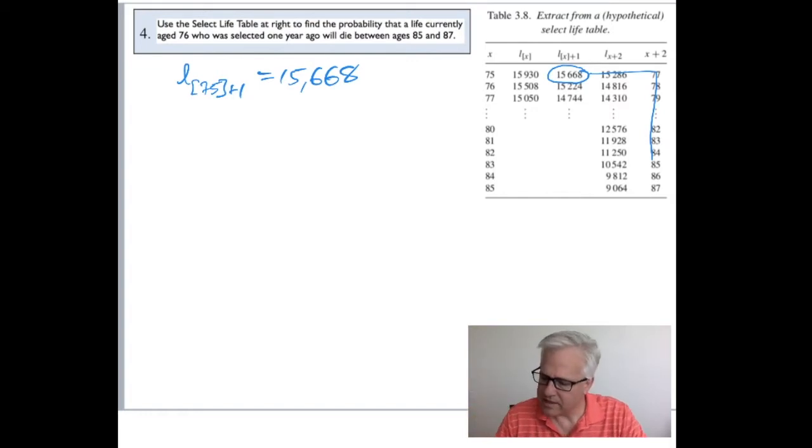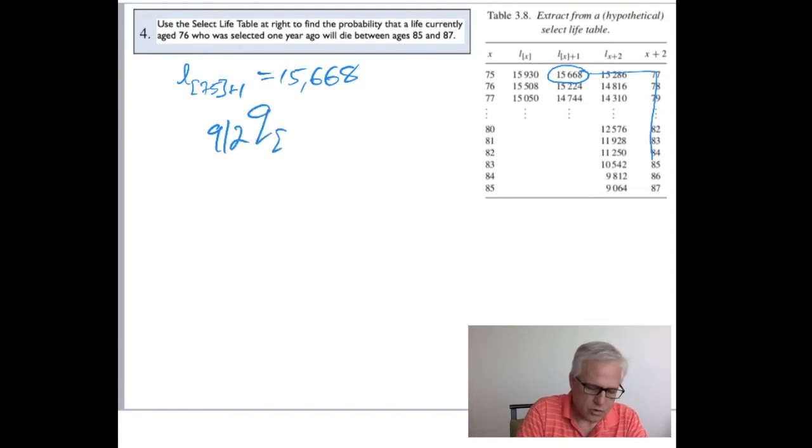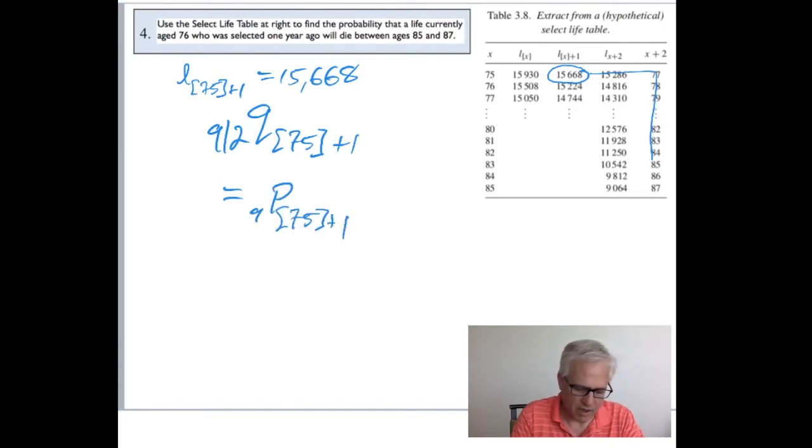So I'm interested in 9|2q[75]+1. Okay, and that equals 9p[75]+1. First they have to survive 9 years, and then they have to die in the ensuing 2.